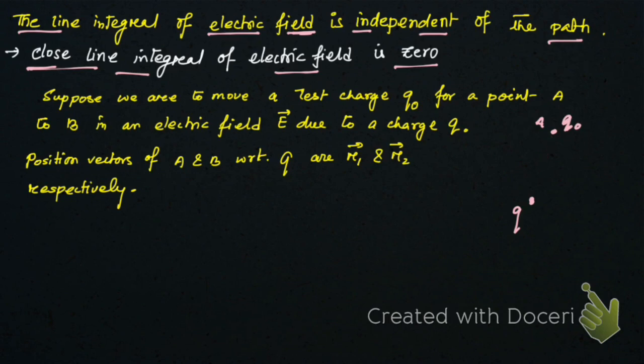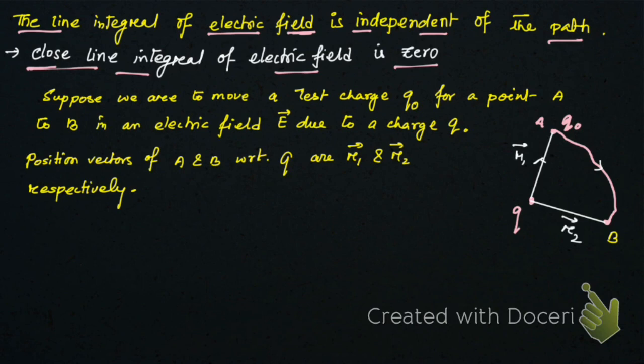We are to move this charge along this path to another point B, whose position vector is r2.